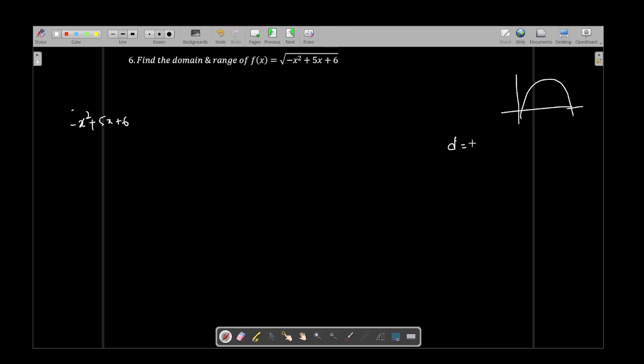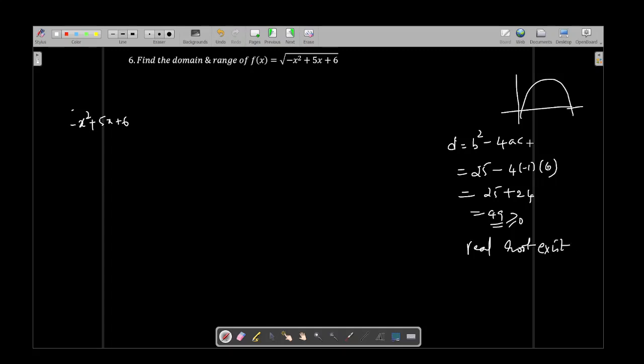The discriminant is b square minus 4ac. b square is 25, minus 4 into a which is minus 1, into 6, which is 25 plus 24, which is 49. So greater than 0, real roots exist. So it touches the x-axis. It does not go below the x-axis.